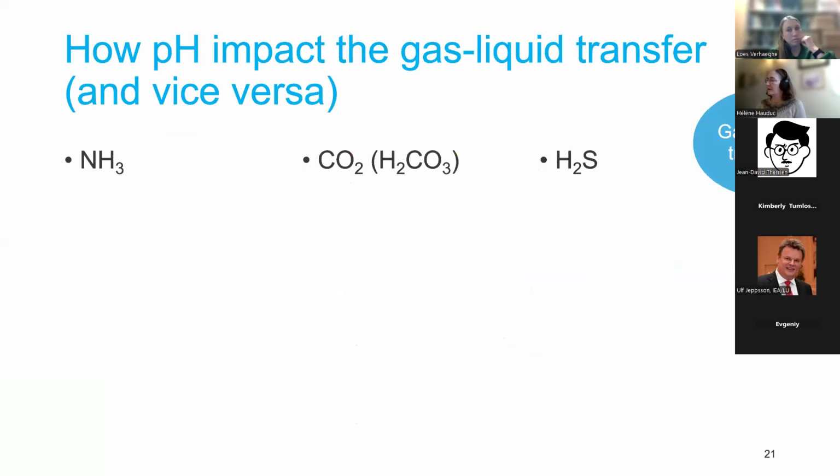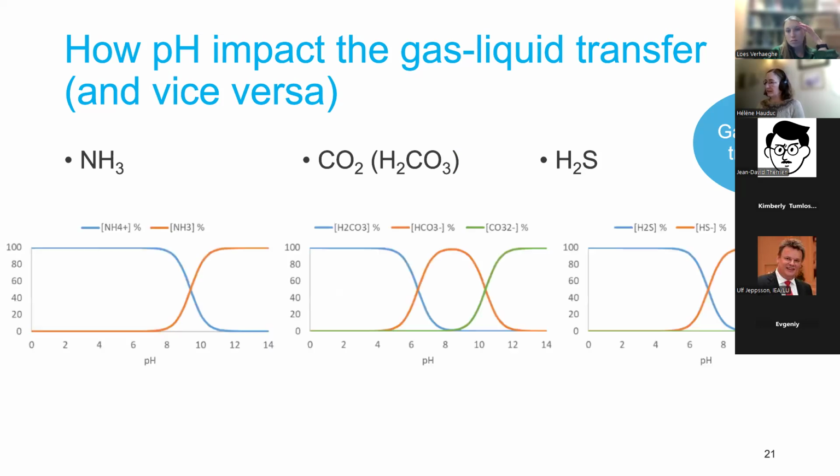So that was a small point on how biology can affect the pH and vice versa. And about the gas-liquid transfer, Kimberly already talked about that. Some of the gases are pH sensitive, like ammonia, carbon dioxide, and hydrogen sulfide. Those curves were already shown by Kimberly.